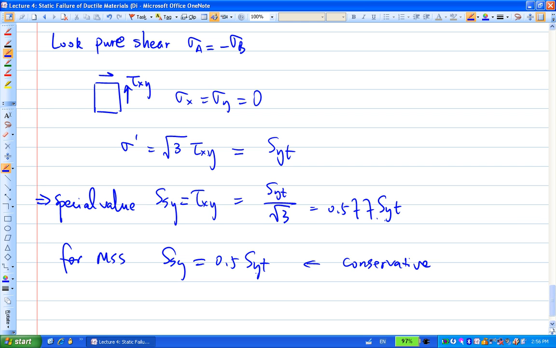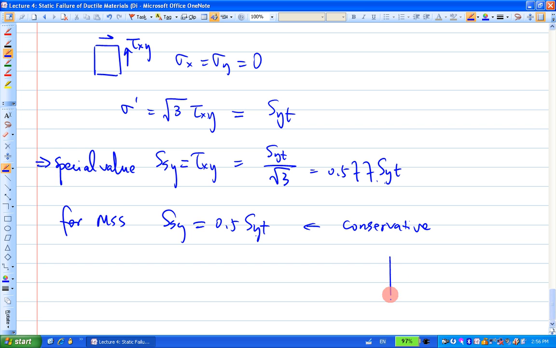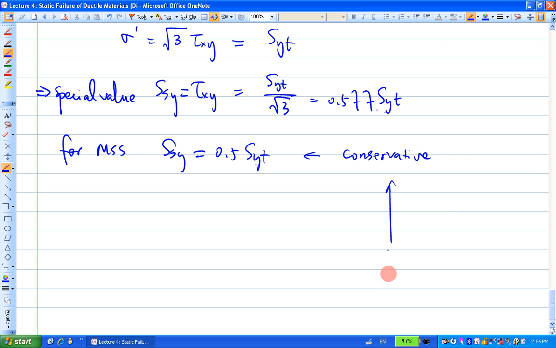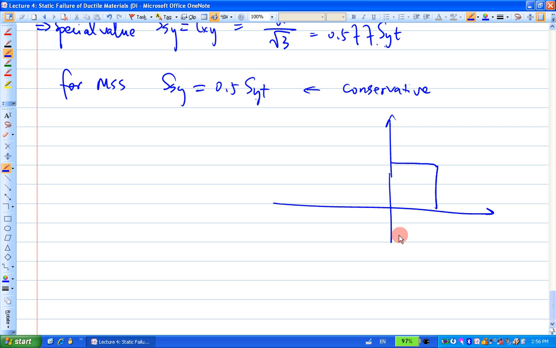The conservativeness can also be explained very easily based on the graph. So maybe I'll just draw the graph here. For MSS theory, what we see is a hexagon. And for DE, it's an ellipse enclosing this hexagon. This is DE, and this is MSS.